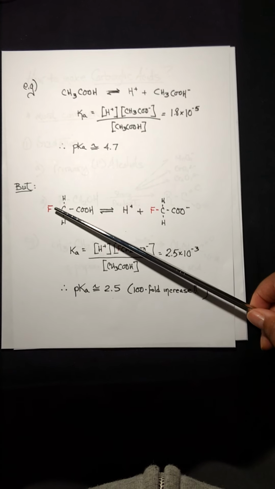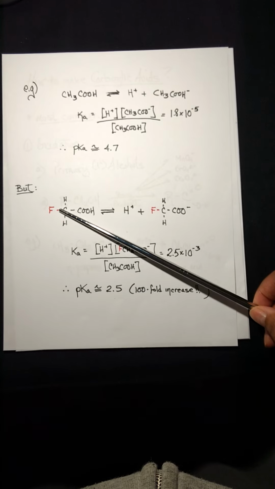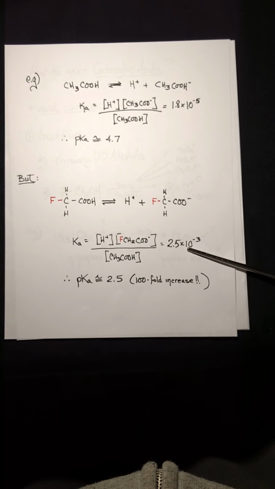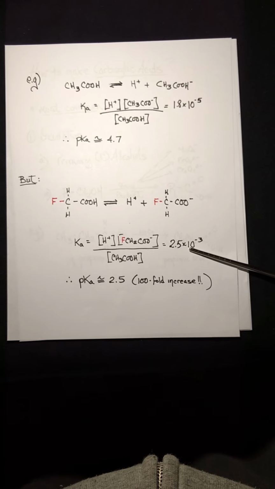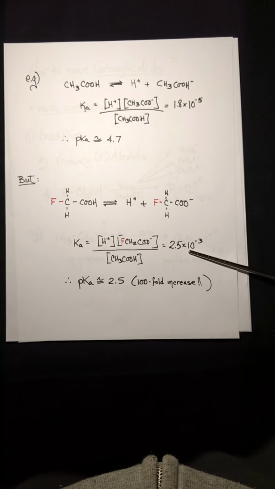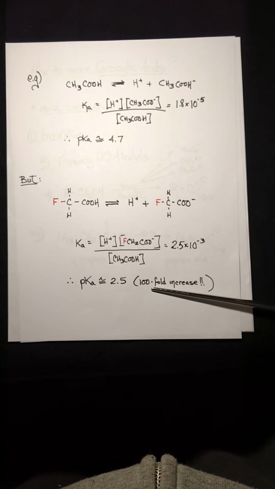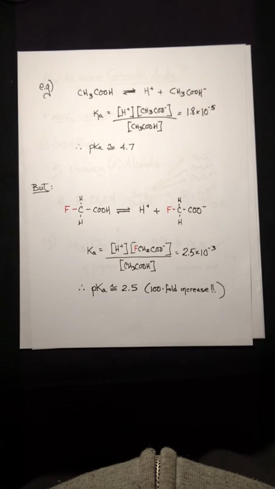If we now attach fluorine, which we know is pretty electronegative, to the acetic acid, notice that the Ka for the dissociation of fluoroacetic acid has increased to 2.5 times 10 to the minus 3, which is approximately a 100-fold increase.